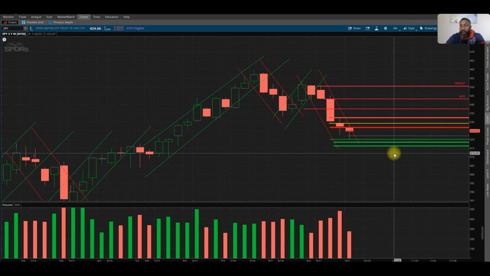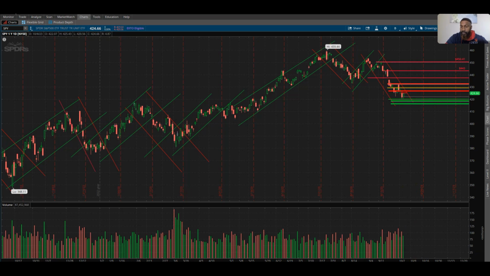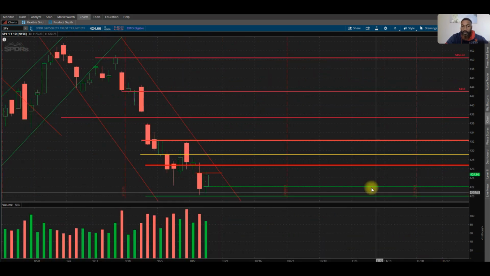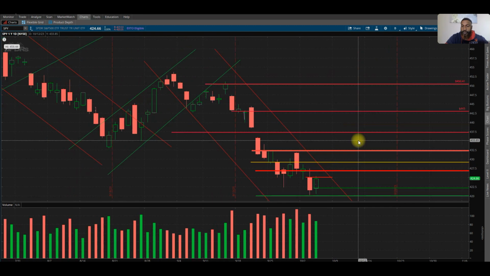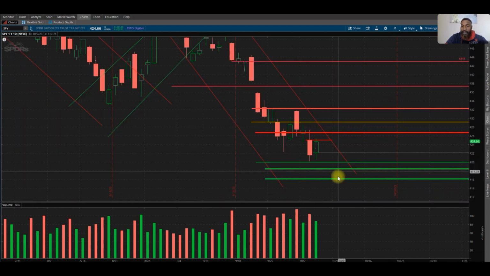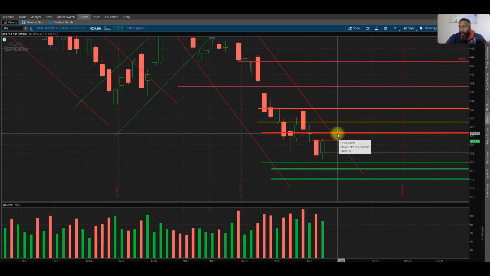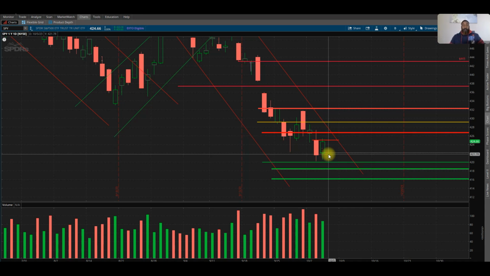So even though I like the call there, I wouldn't have married a call there. We definitely have positions to the downside, but I don't think we're going to see any of that today. I do think that we might actually go up and test this potential red to green on the weekly.